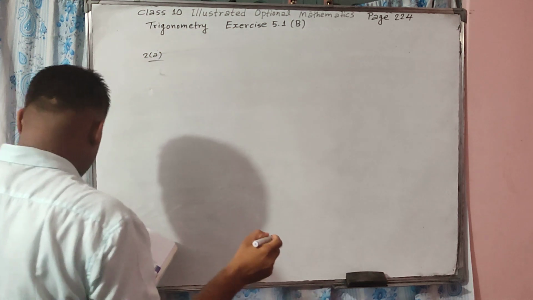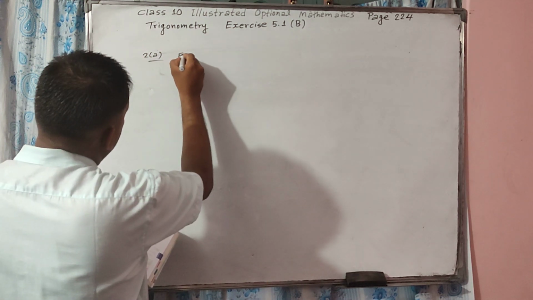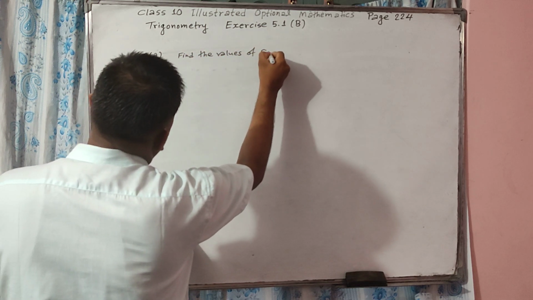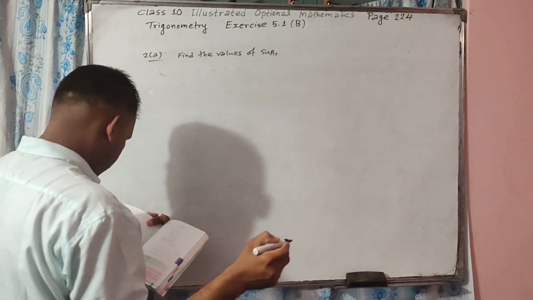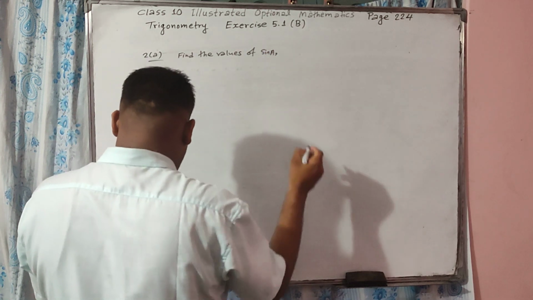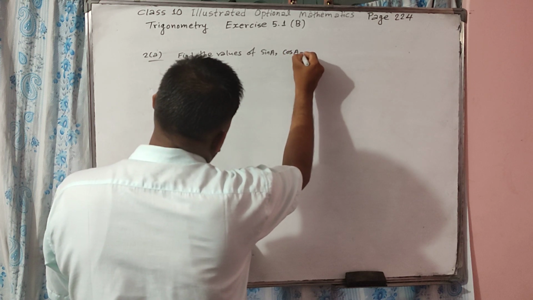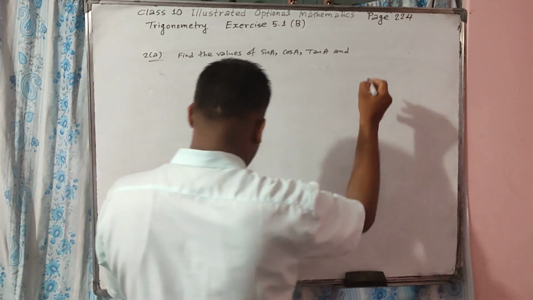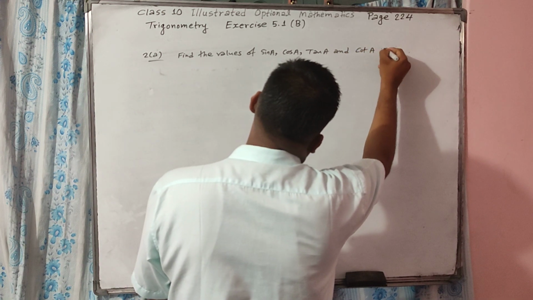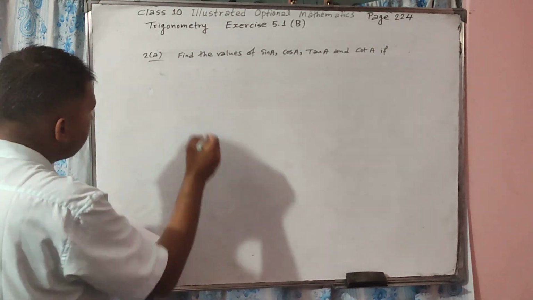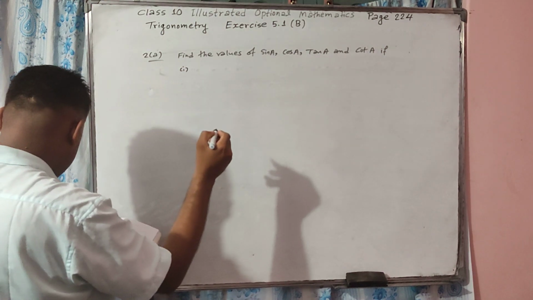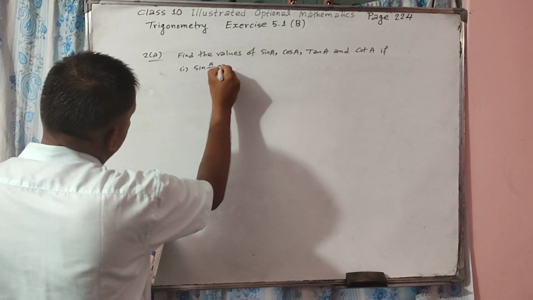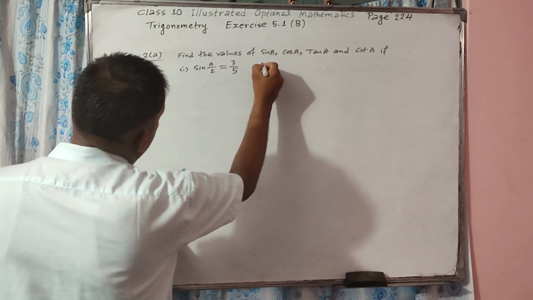The question is find the values of sin A, cos A, tan A, and cot A if: first question is sin A by 2 equals 3 by 5.